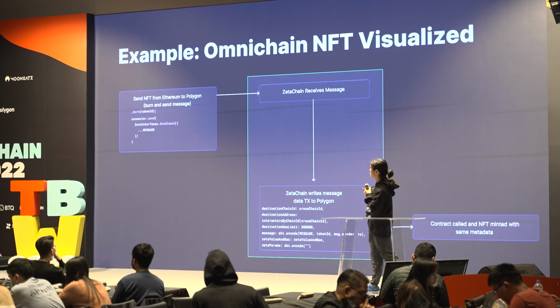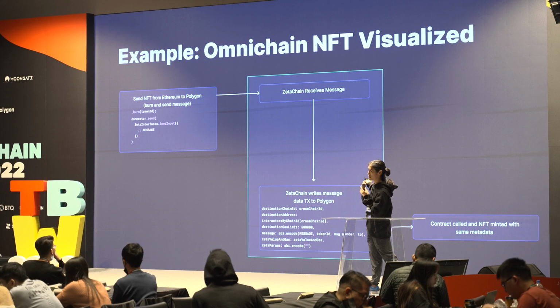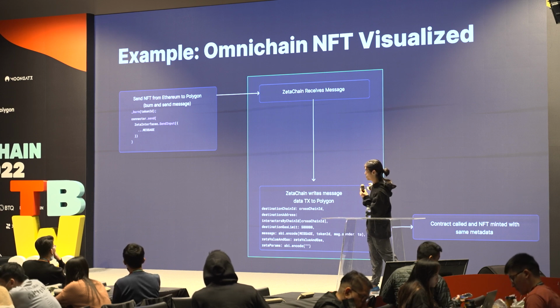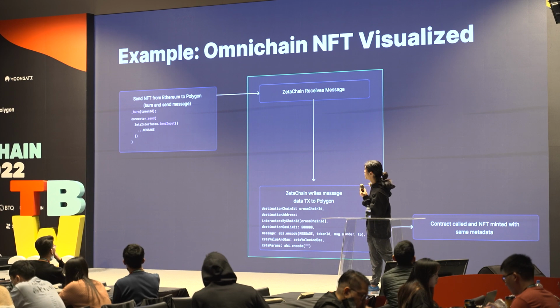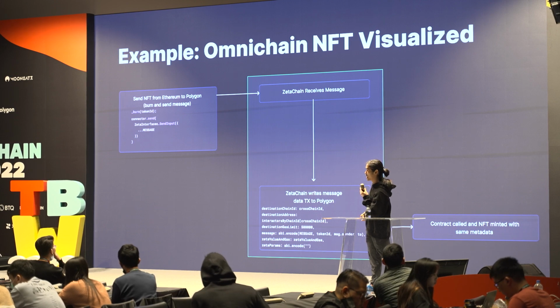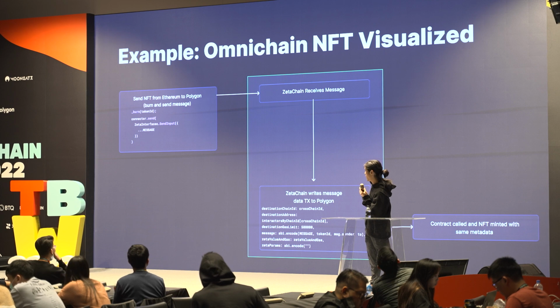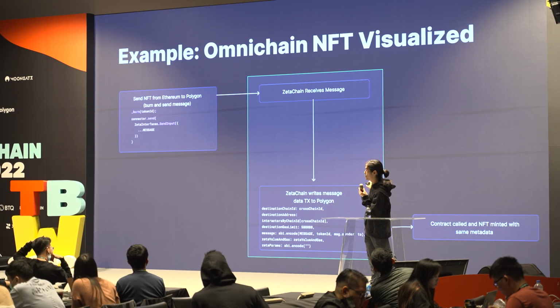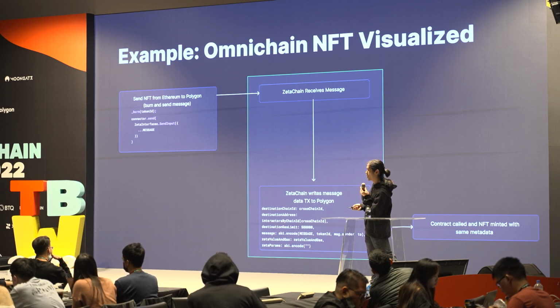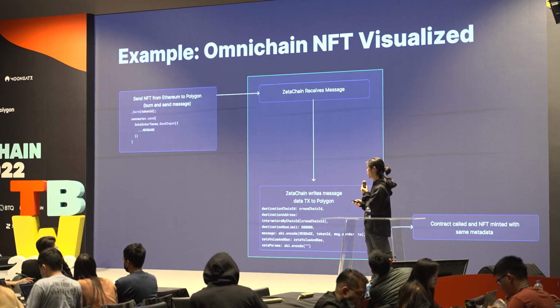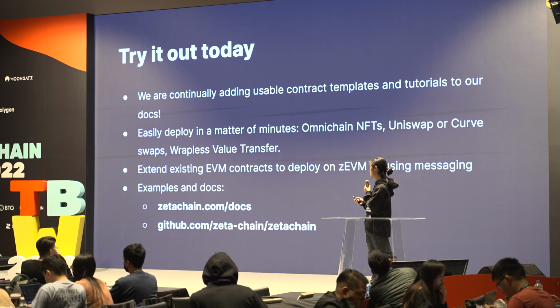The cool thing about this is that ZetaChain boils down to just being a blockchain that is explorable. So now, instead of having a black box middleman that is burning and minting, where you don't have transparency into it, you actually have a full ledger of everything that exists in your collection right now. That's pretty cool, and kind of an evolution from the earlier approaches to Omnichain NFTs.